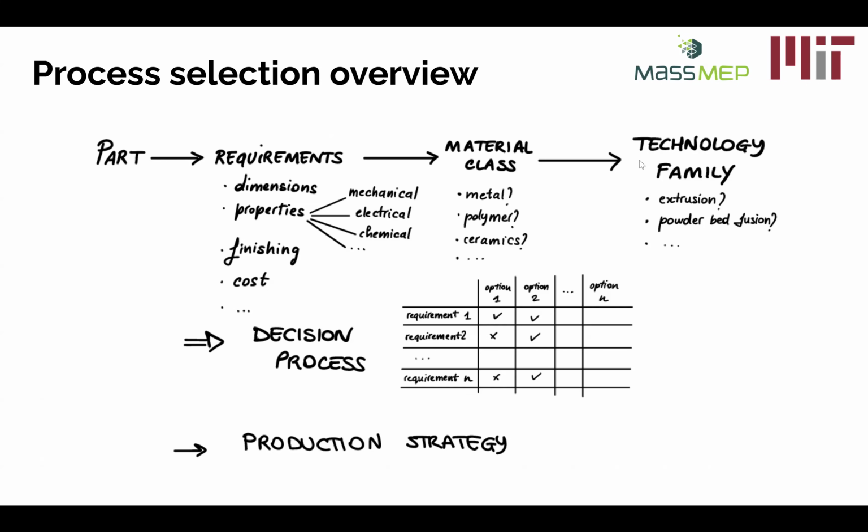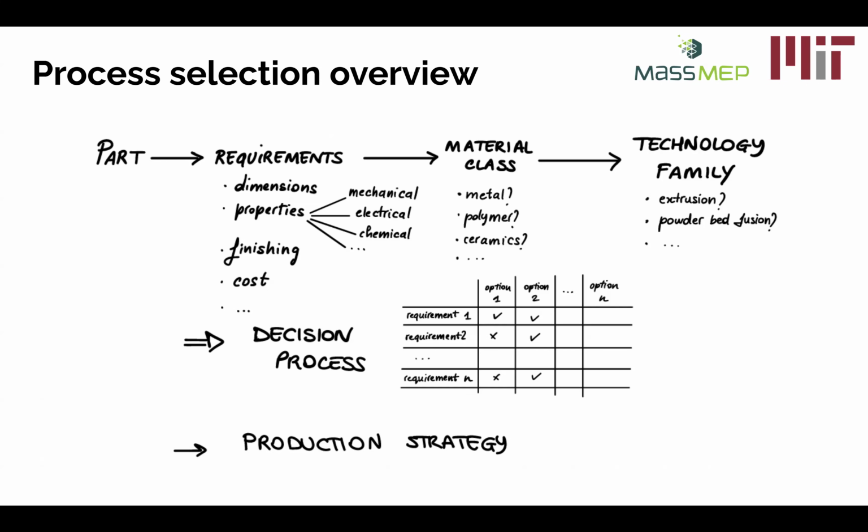And once you have this overview, you can actually build a decision process chart where in each row you write your requirements. And in the columns, you write the different options, which are a combination of material and technology. And then one by one, you see if this requirement would be satisfied for each option. You can decide just to write a check and an X. You can decide to give a grade.